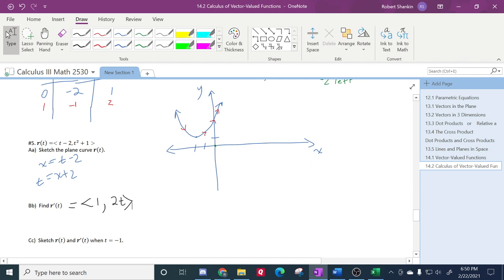And then sketch r of t and r prime of t when t is equal to negative 1. I'll give you a little bit of time for that.